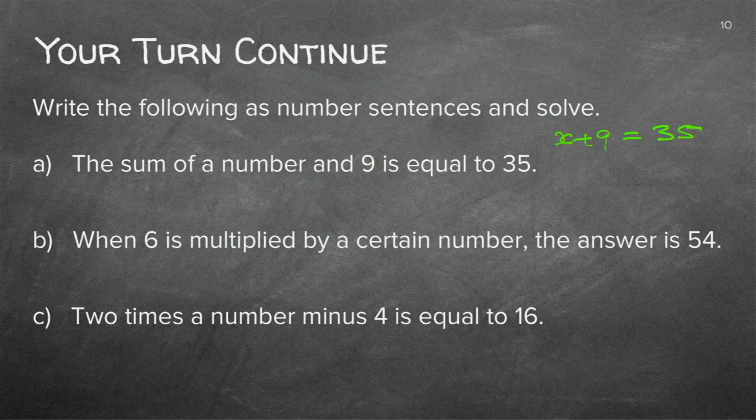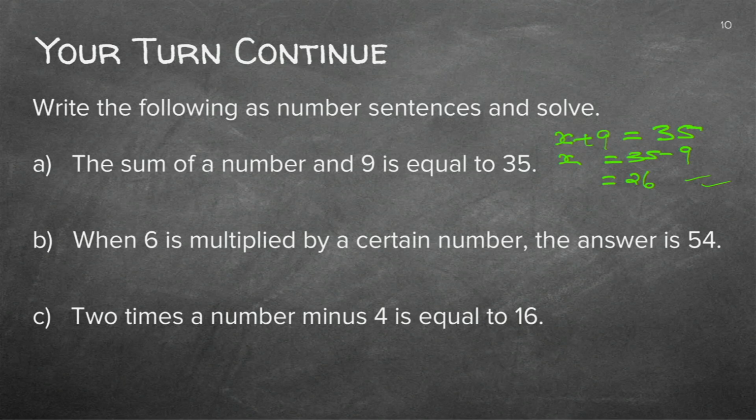Let's read it together: the sum of a number, we don't know the number, and 9 is 35. If we solve that, x equals 35 minus 9 equals 26. To check, 26 plus 9 will give us 35. So our answer is correct.